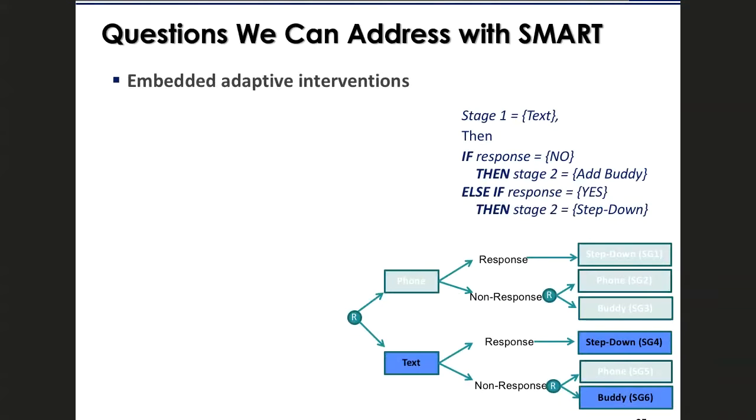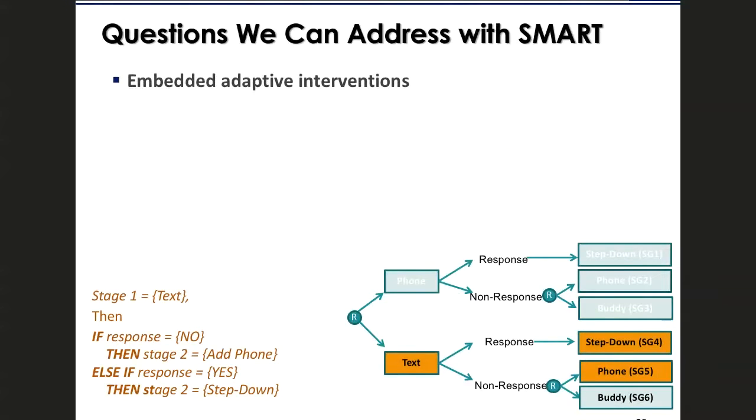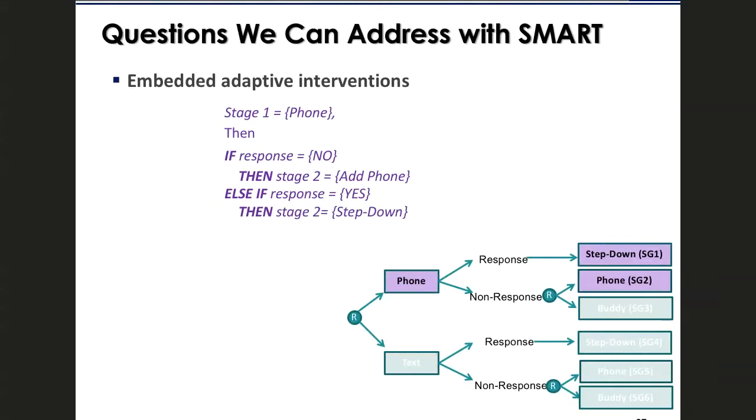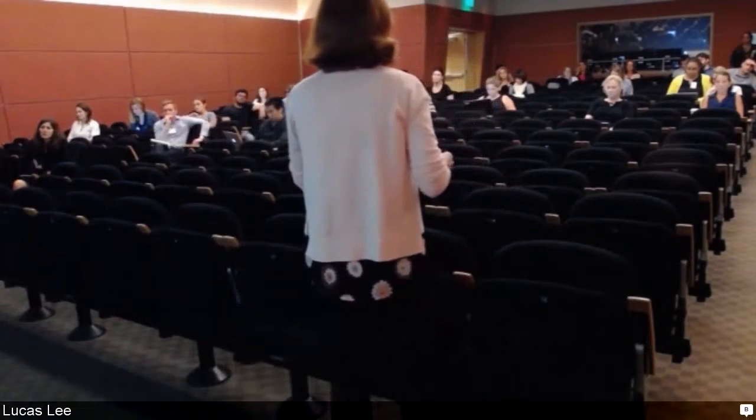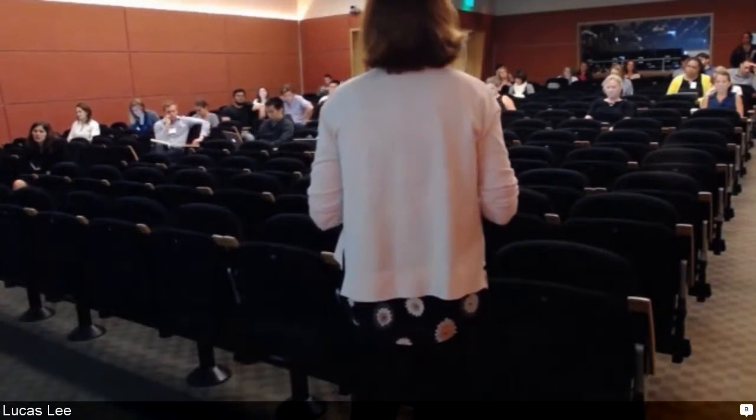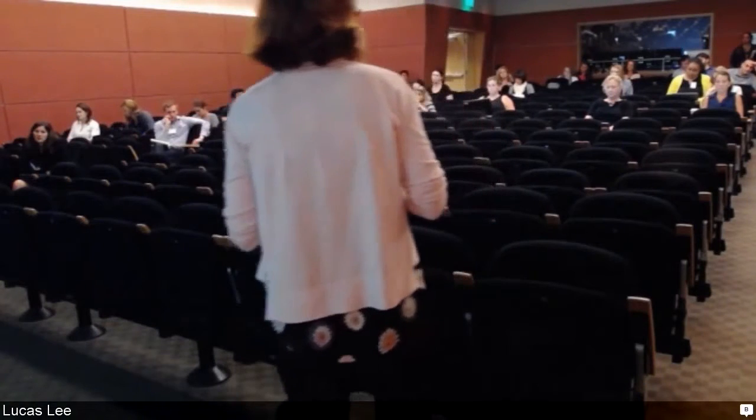Assuming that I started with 400 people and 50% non-response, this will be a comparison between 100 people and 100 people. Basically, this analysis would include all my non-responders, and it will compare half of them versus the other half. All with me? This is the main effect of the second stage component, averaged over what we did initially. Okay?